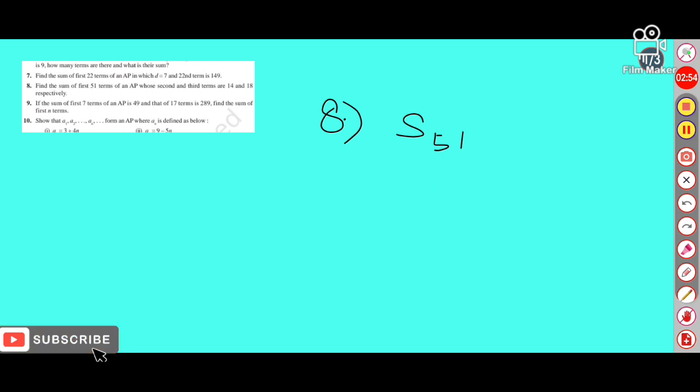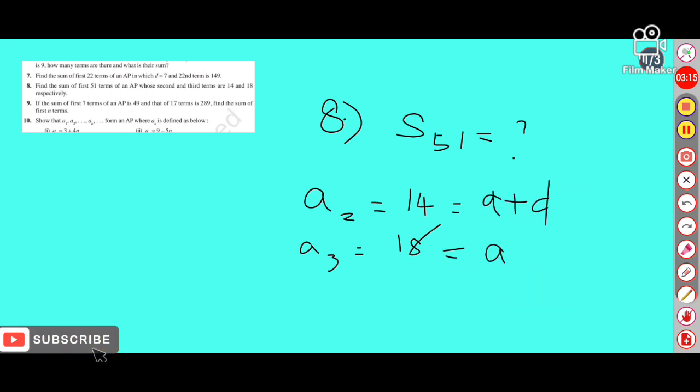So they have given a2 to be 14 and a3 to be 18. a2 is equal to a plus d, and a3 is equal to a plus 2d, the general terms.